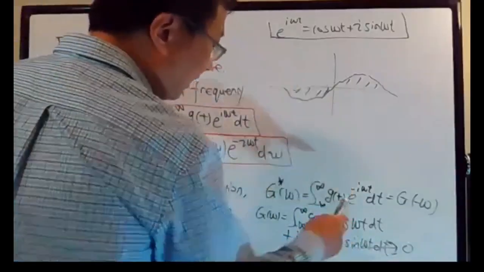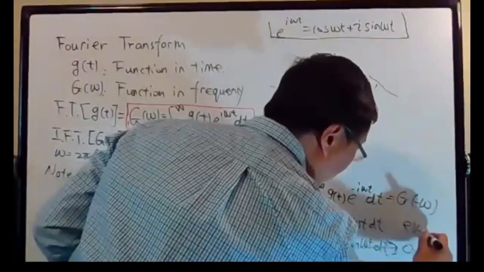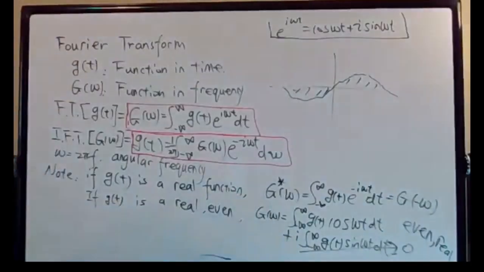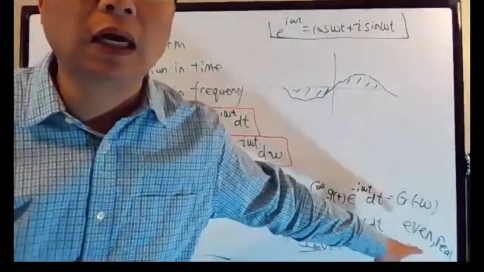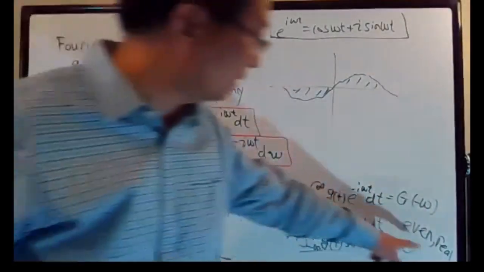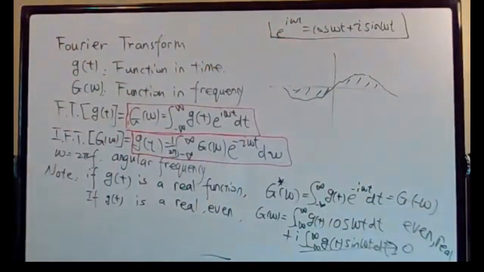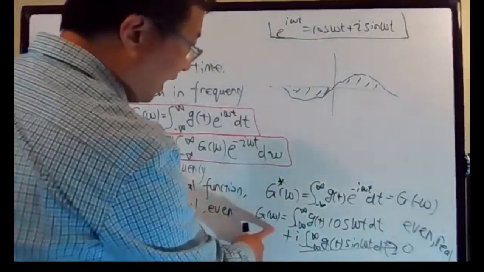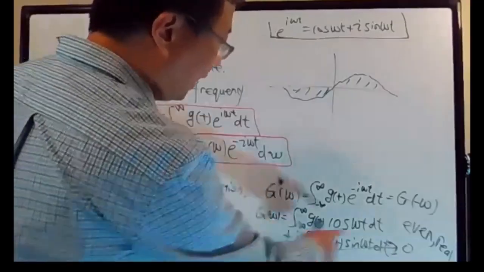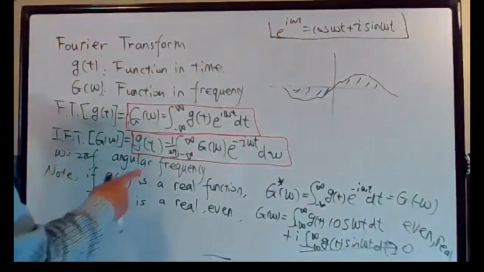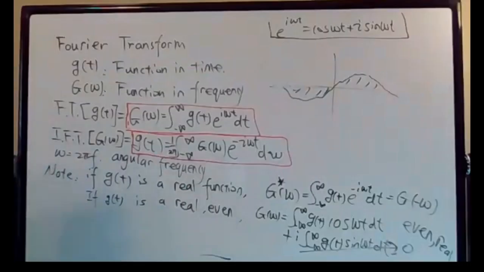So this is an even function, even and real. Hopefully you can all see I'm writing even and real. So G(omega) is even and real. If the little g(t) is real and even, the capital G(omega) is even and real.